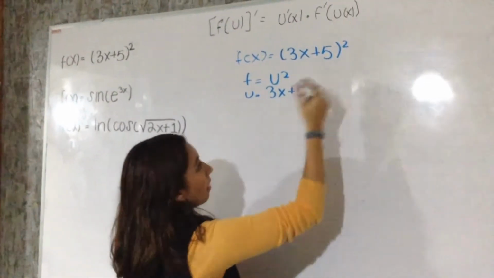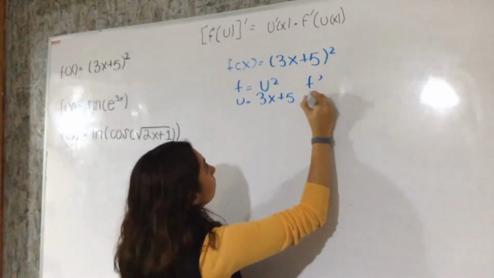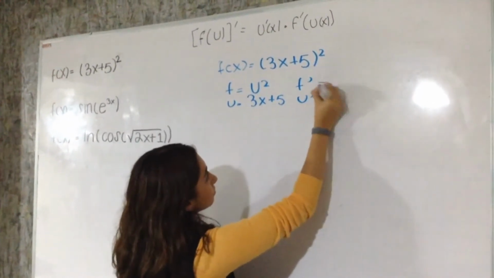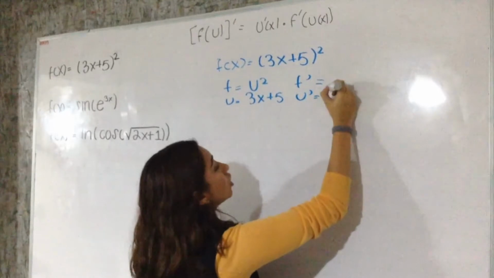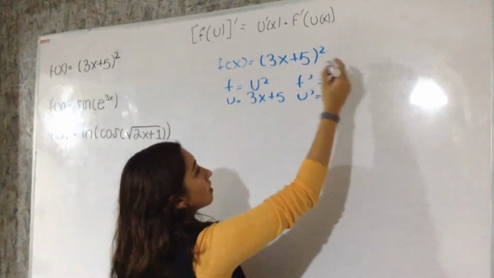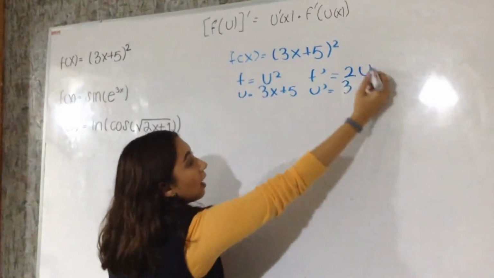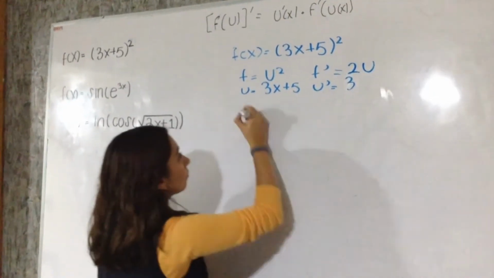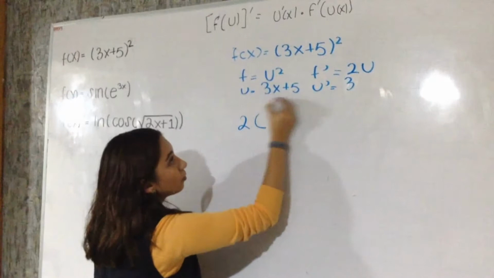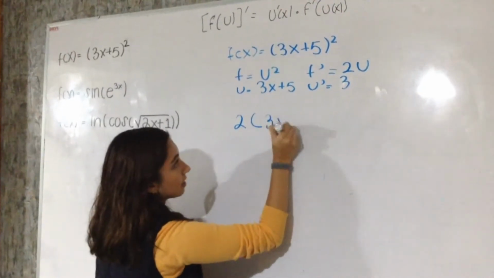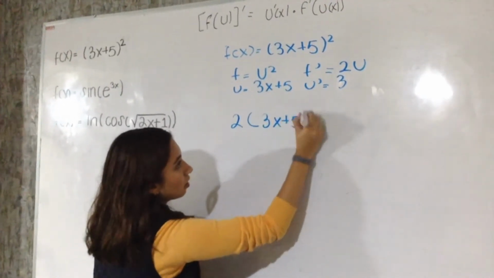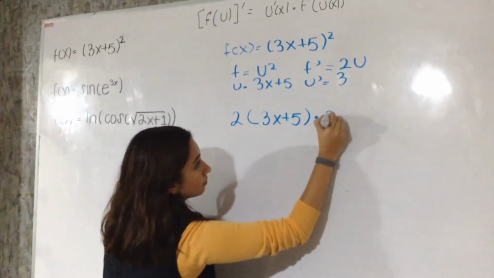Now, I'm going to obtain the derivative of these two functions. From the first one is 3. And from the second one is 2u. Now, I'm going to multiply these two. The first one is 2u with this u, 3x plus 5, multiplied by 3.